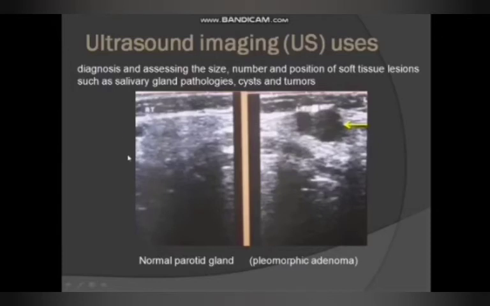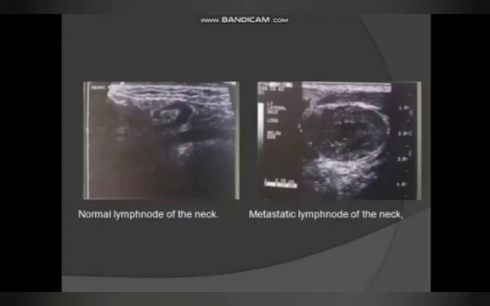Okay, we have these pictures. The one on the left indicates a normal parotid gland, while the picture on the right shows a pleomorphic adenoma. We can see a sharply defined hypoechoic lesion that indicates a benign tumor. Another picture shows a normal lymph node of the neck.